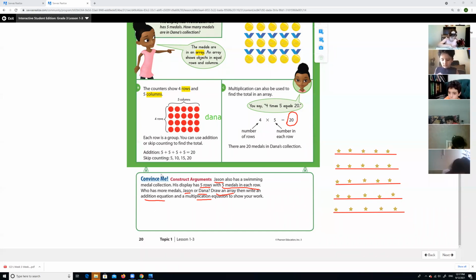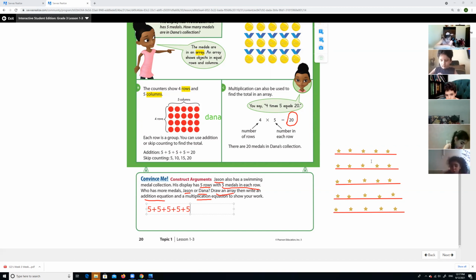Now can you write addition equation? I want to write addition equation for this array. How many medals in each row? 5. Excellent. So I will write 5 for each row. 5 plus 5 plus 5 plus 5 plus 5.